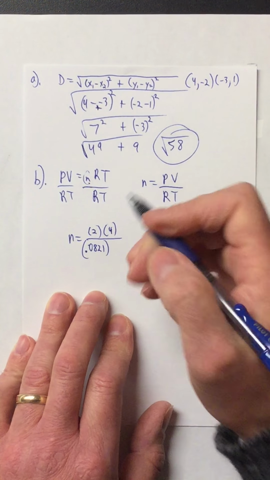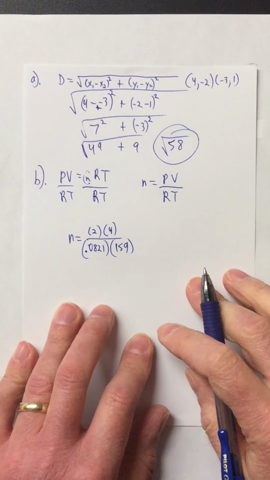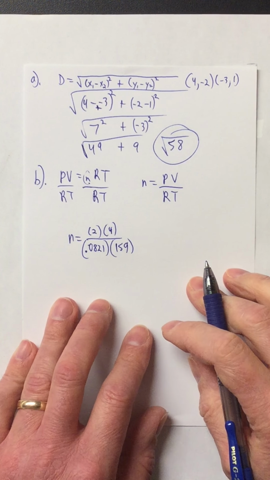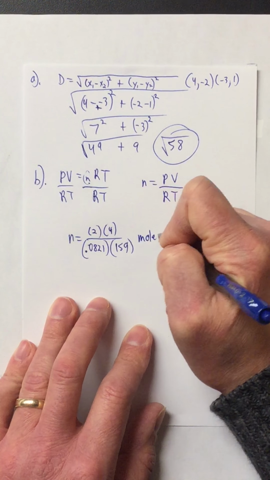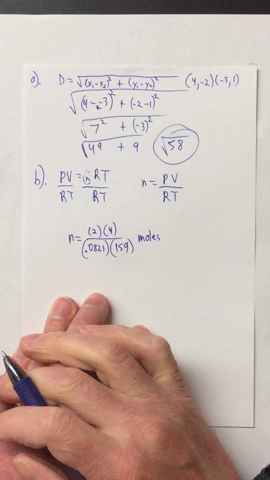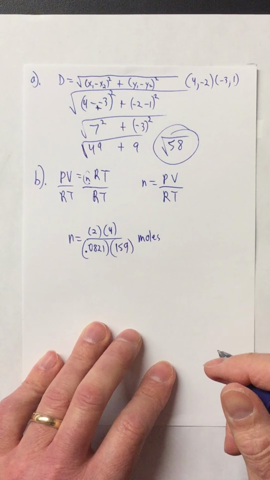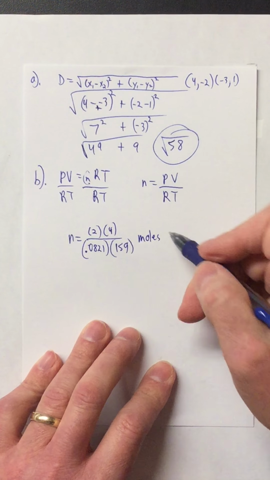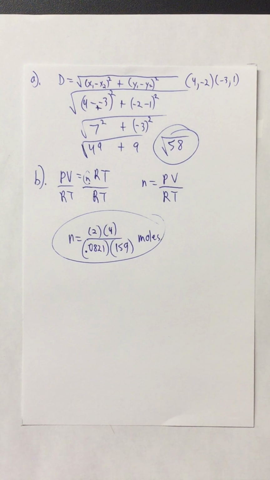And then my temperature, I'm told, is 159 kelvins. And so simply writing those in, that gives me my answer for moles, which is a chemistry term, which when you take chemistry, you'll find all about what moles are. All right, and then they leave my answer in that form and don't multiply it out, which is fine for you as well. And that's my answer for practice problem B.